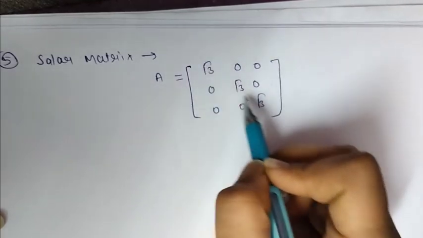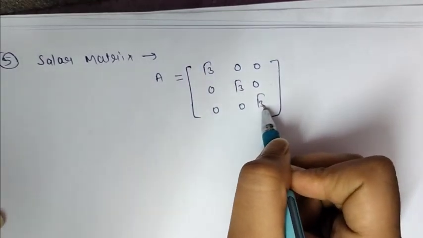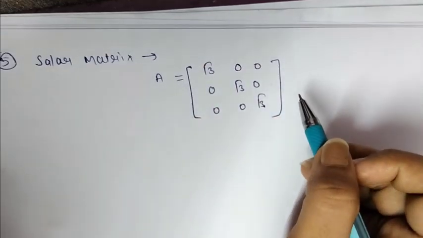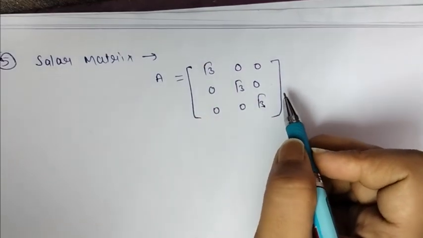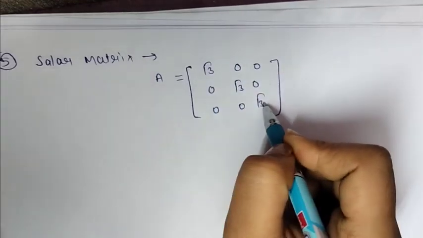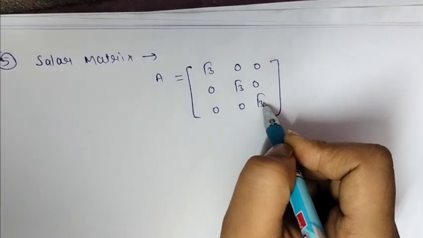So you can see here in this example that diagonal elements are equal. If this kind of matrix is shown to you, then this is an example of scalar matrix. ओके, स्केलर मैट्रिक्स क्या होता है, जिसके डायगोनल एलिमेंट्स नॉन जीरो और बराबर होते हैं, they are known as scalar matrix.